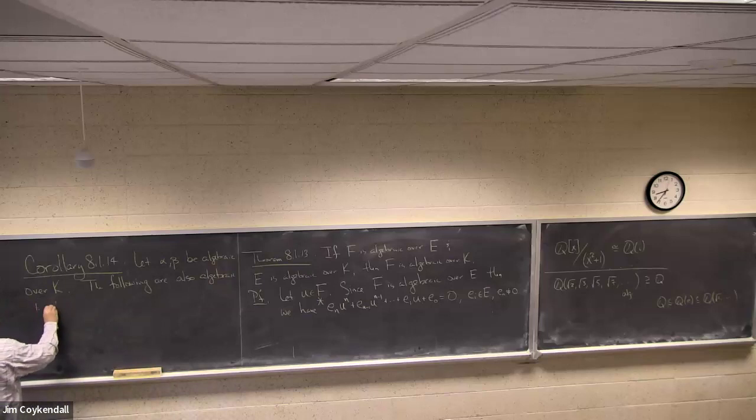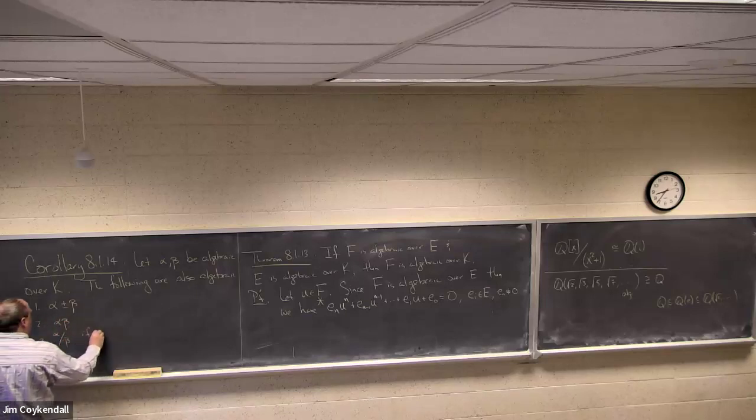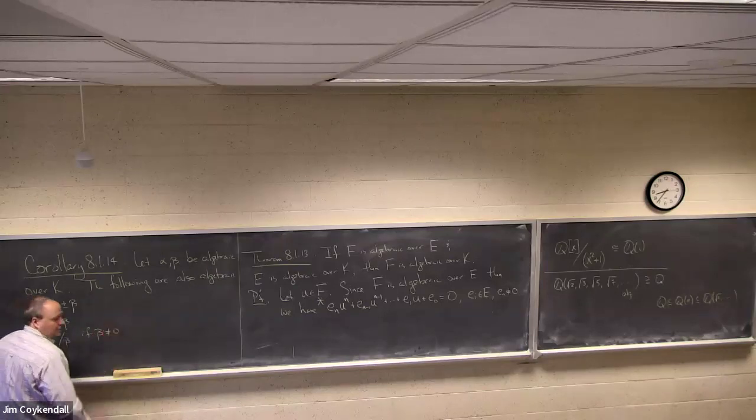Number one, alpha plus or minus beta. Two, alpha beta. Three, alpha over beta, if beta is not zero.